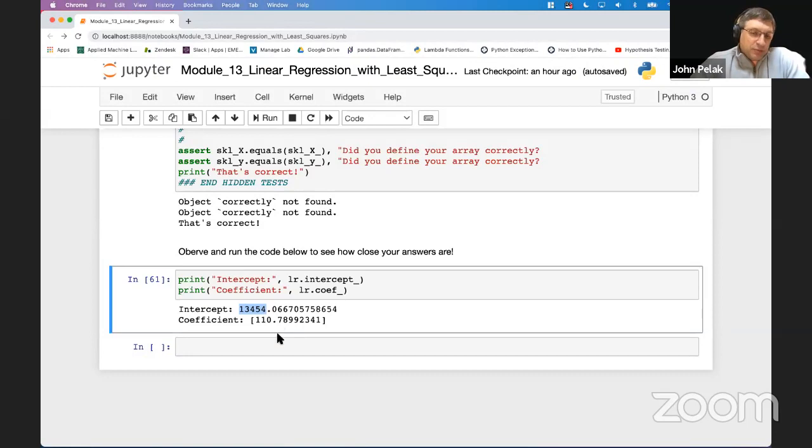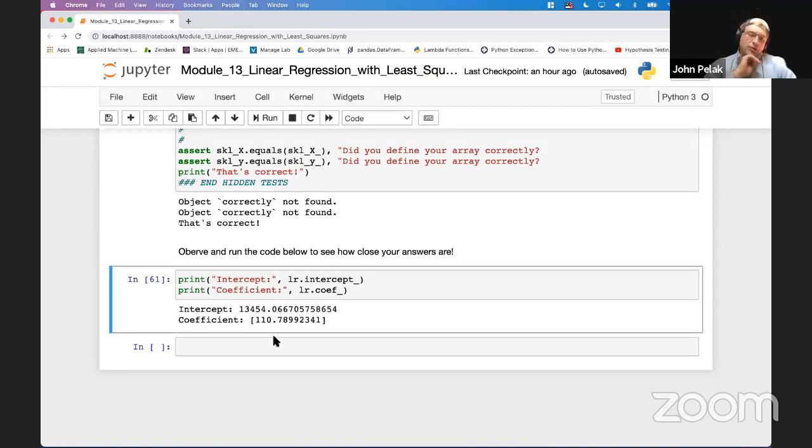That's a base price, right? For a 0 square foot home, our model will predict you would pay $13,454. And then for every square foot increase, you would add $110 or $111 to that price. So think about that.